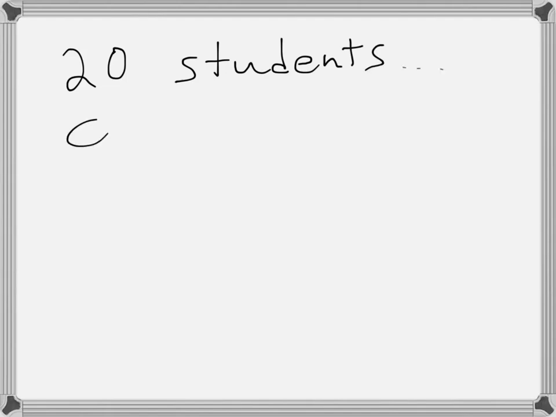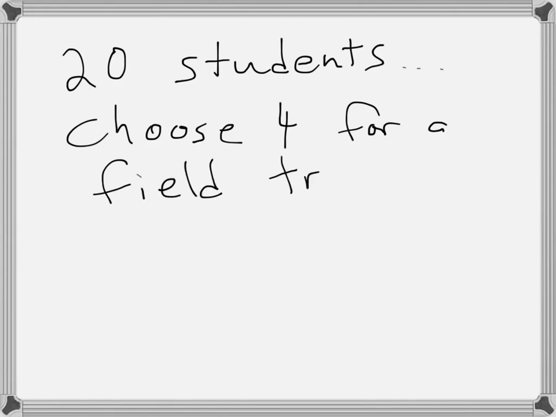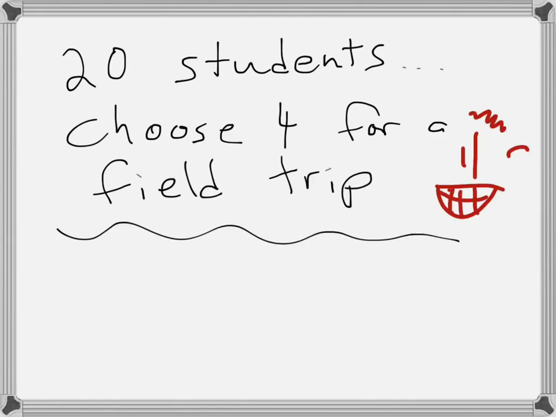So let us look at an example. Let's suppose you've got 20 students, and that we're going to choose 4 of them for a field trip. So what we need to consider is that this is a combination. We don't care who gets chosen first or second or third or fourth.